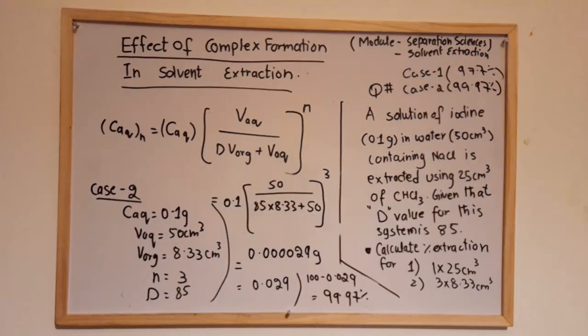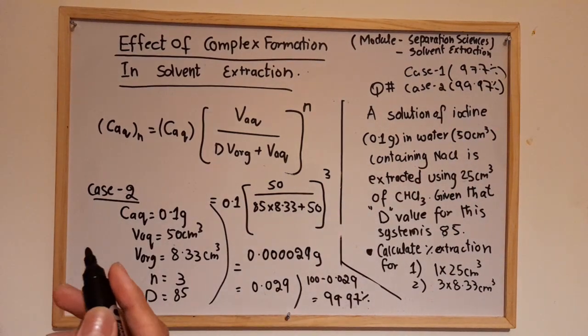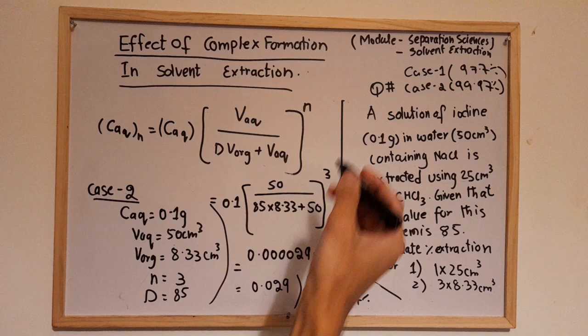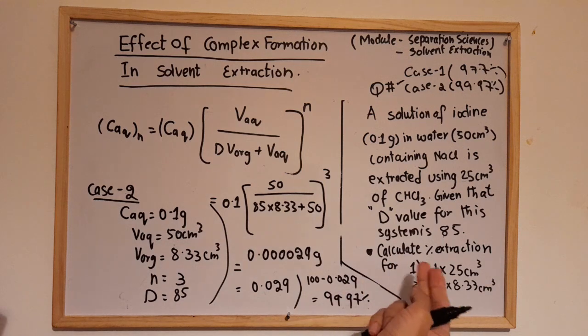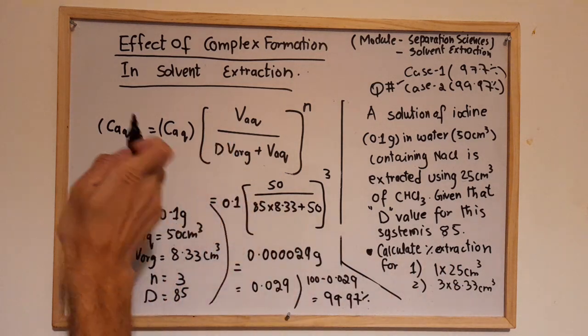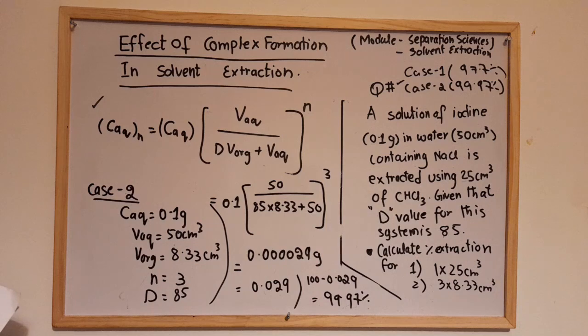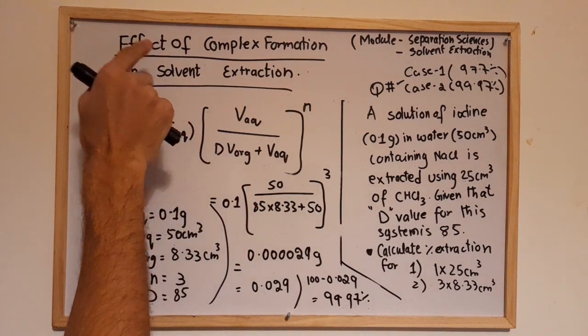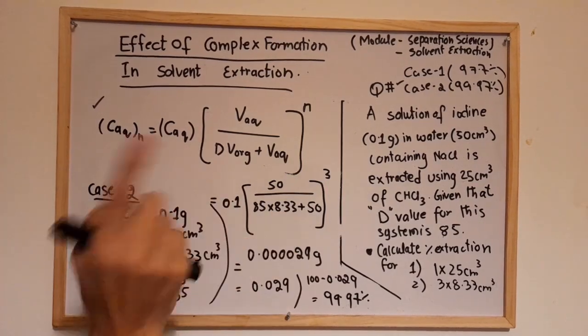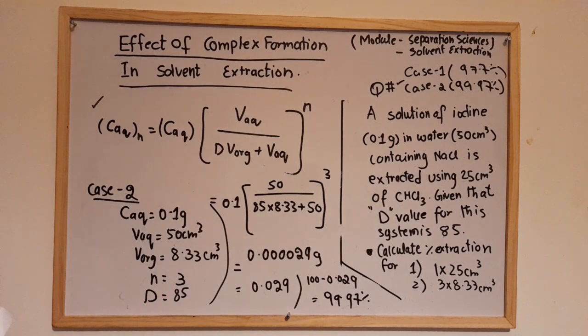So if we're doing multiple extraction, that would be much more efficient, because the extraction efficiency in multiple extraction is much higher than in the normal case. So that's it for calculating extraction efficiency; you have to use this formula. Remember this one. And then we're going to cover the second part, the effect of complex formation, with the example of iodine. Thank you so much.